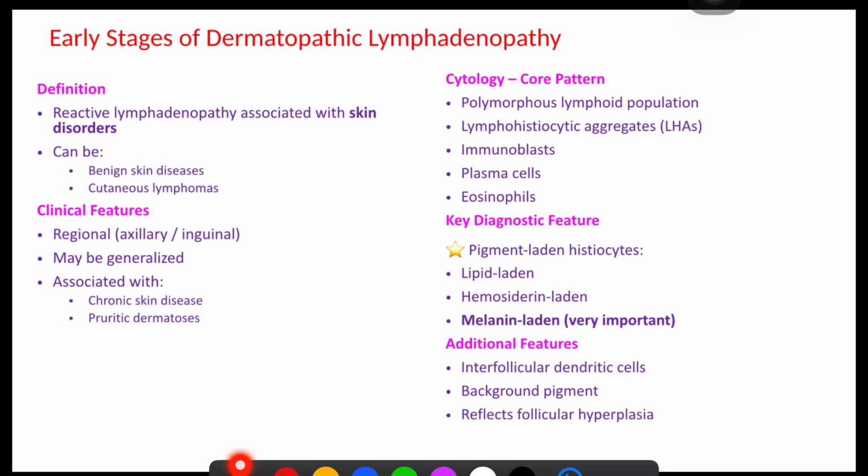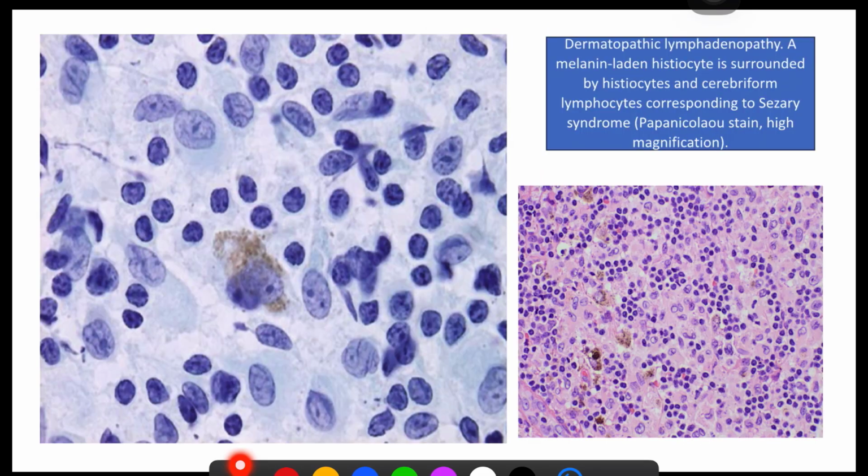Here the core pattern is polymorphous, with lymphohistiocytic aggregates, immunoblasts, plasma cells and eosinophils present. Key diagnostic features include pigment-laden histiocytes, either lipid-laden, hemosiderin-laden or, importantly, melanin-laden. Additionally, there are interfollicular dendritic cells, background pigment, and follicular hypoplasia.